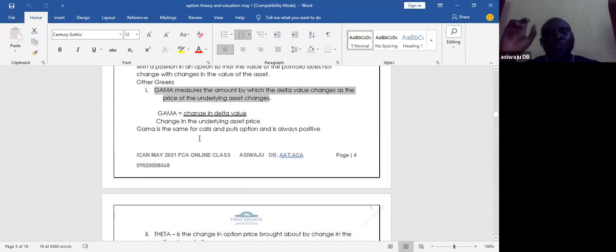And gamma is always positive. Gamma is the same for both call and put options. If the asset price is increasing, then the delta value will increase. Positive relationship. If the asset price is falling, then the delta value will fall. Positive relationship. That is what we're trying to explain.